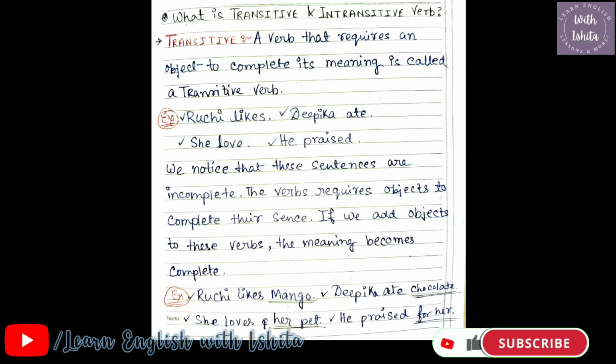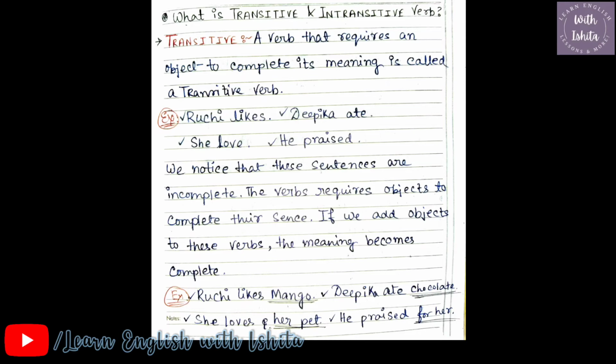If we add objects to these verbs, the meaning becomes complete. Like Ruchi likes mango. Okay? Deepika ate chocolate. She loves her pet. He praised her. We are adding some objects to the sentences to complete their meaning. Like mango, her pet, chocolate, her.